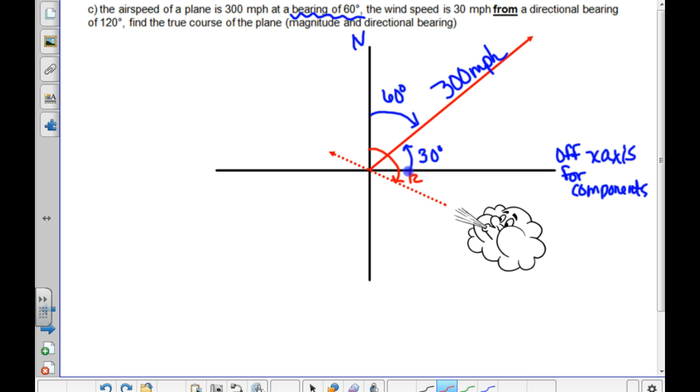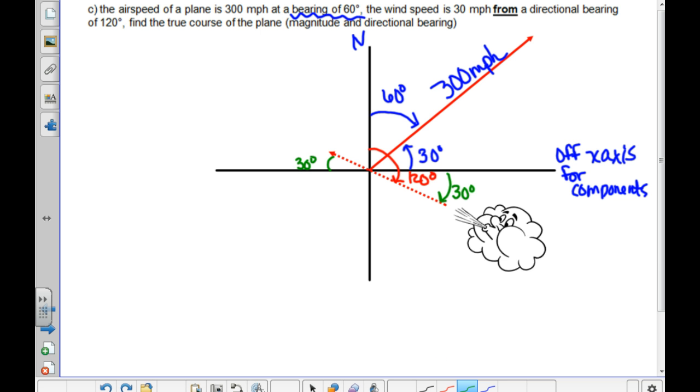So this is 120 degrees from there around to there. What does that mean this little angle in here is, guys? 30, right? Because 120 was 90 plus 30. You with me? Where's another 30 then? By vertical angles, that's 30.